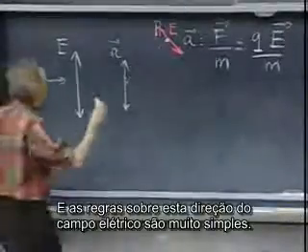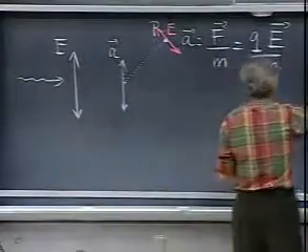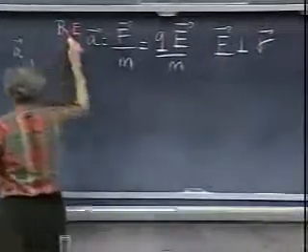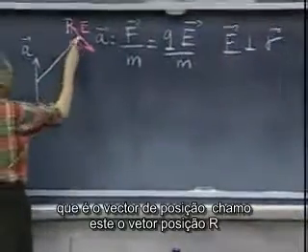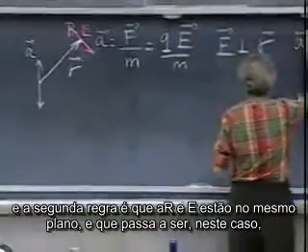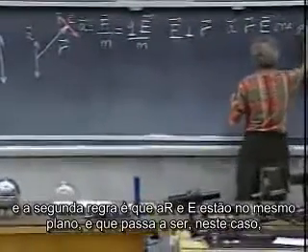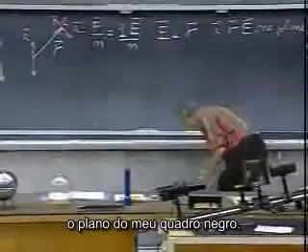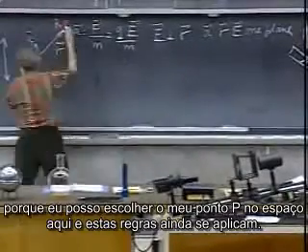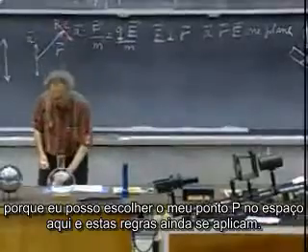And the rules about this direction of the electric field are very simple. E is always perpendicular to the direction of propagation, which is the position vector. I call this the position vector R. And the second rule is that A, R, and E are in one plane. And that happens to be, in this case, the plane of my blackboard. But of course, that doesn't have to be the plane of the blackboard, because I can choose my point P in space here, and these rules still apply.